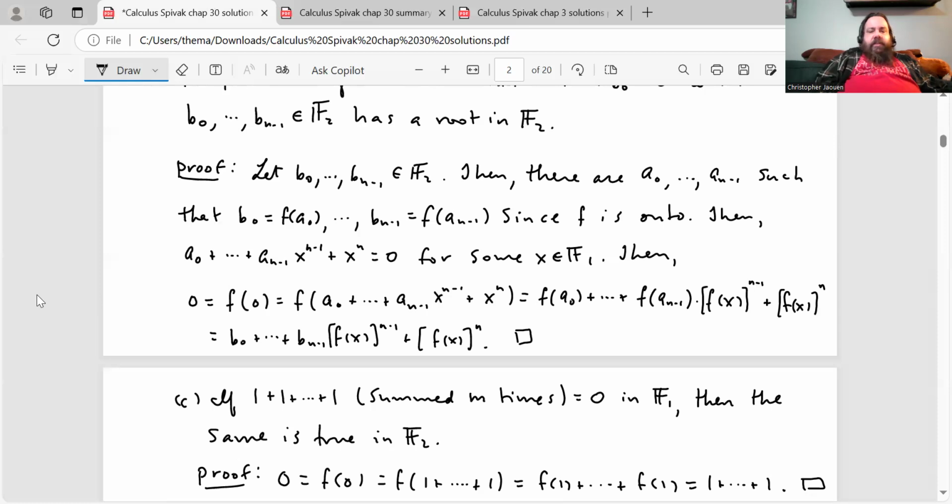And that shows that if x is a solution to the equation with the a's, then f of x is a solution to the equation with the b's.